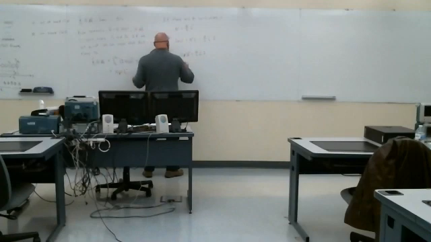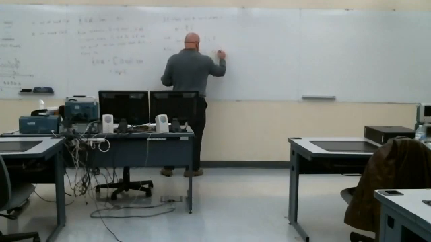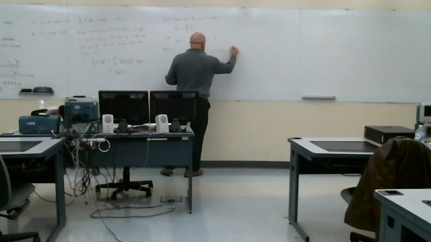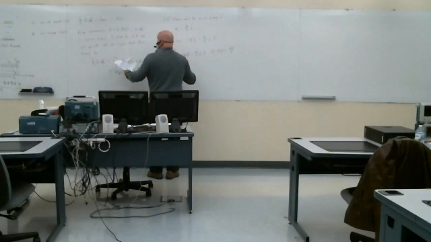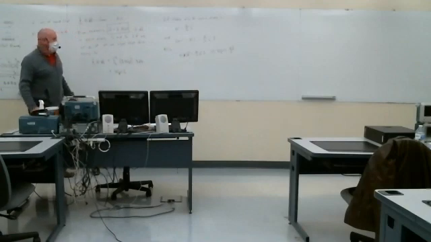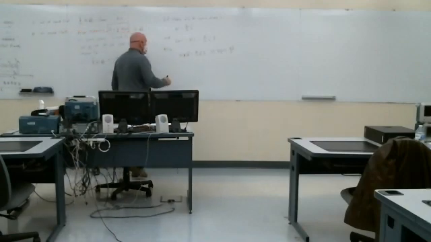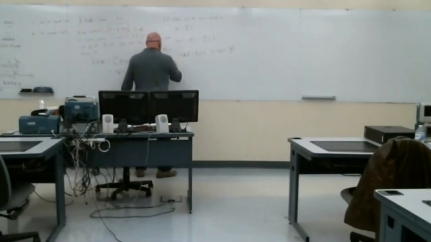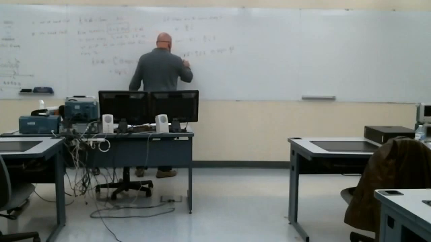H rho then would be N I over L. And plugging back into my formula for H, my vector, I finally get the result I want.